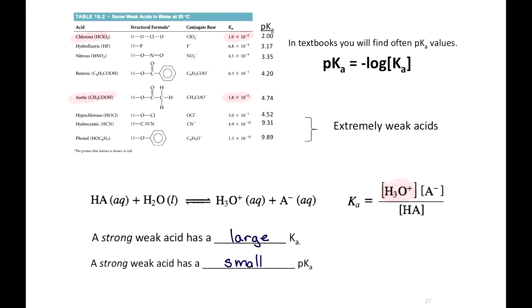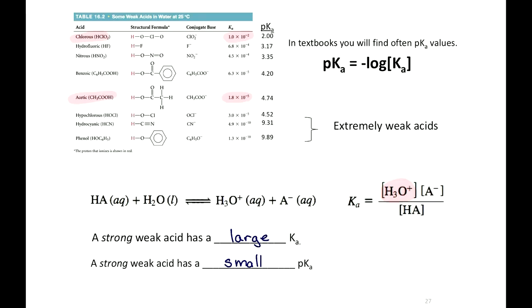But do you like to write scientific notation? No, we don't. So instead of reporting Ka values, if you Google the acidity of some acid, you might not find a Ka value. You might find a pKa value instead, because they're easier to read. Based upon our rules we learned earlier, pKa is simply the negative log of the Ka value.